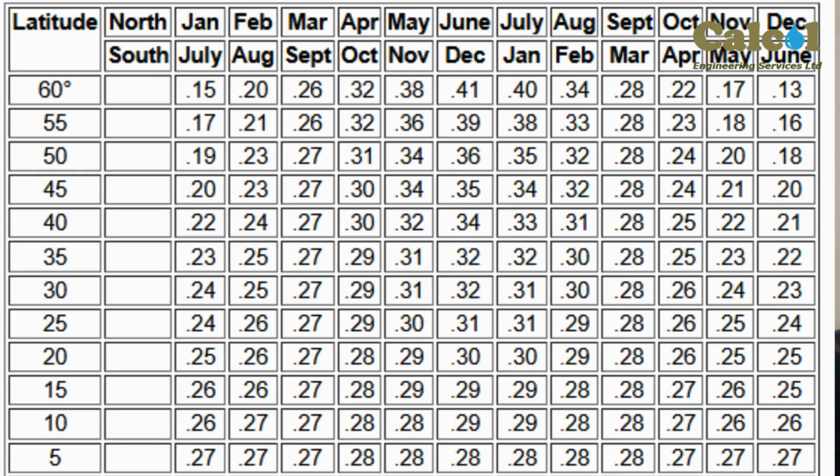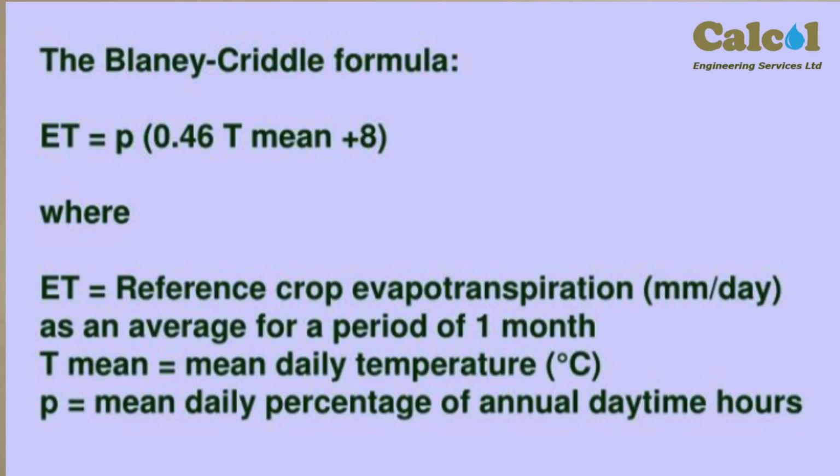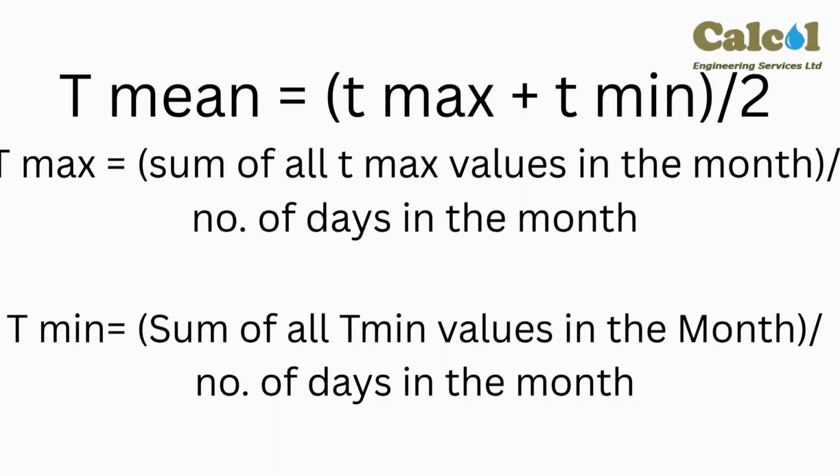The Blaney-Criddle formula always refers to mean monthly values, both for the temperature and the ETo. The T mean, which is the mean temperature, is given by the T max plus the T min divided by 2, where T max is the summation of all maximum values of temperature of the month divided by the number of days of the month.